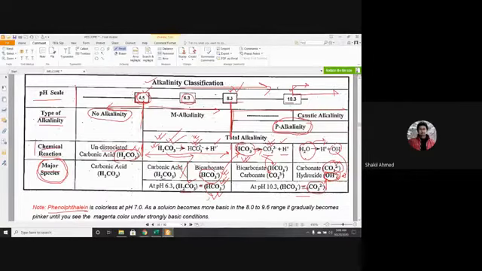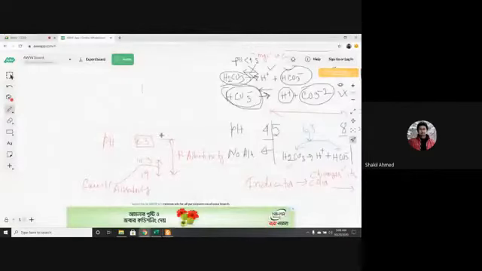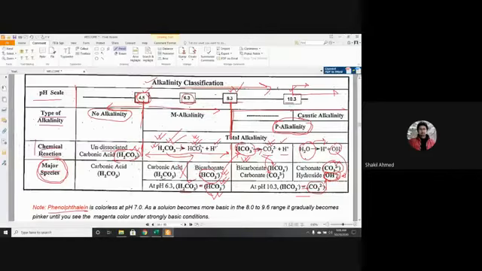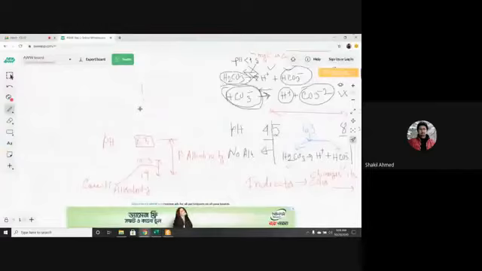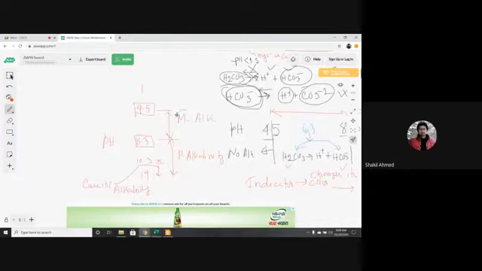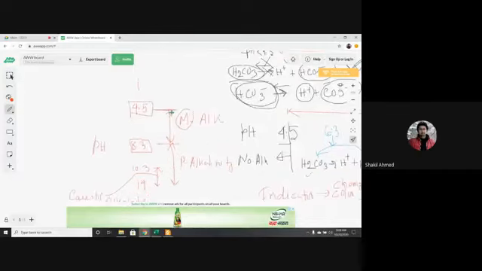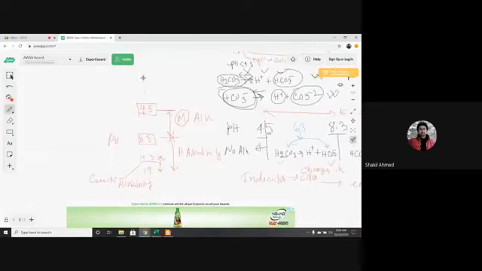Fine. So now the alkalinity from 4.5 to 8.3, we call it what? M alkalinity, because the methyl orange indicator changes the color at this point. And from 1 to 4.5, tell me what is this?